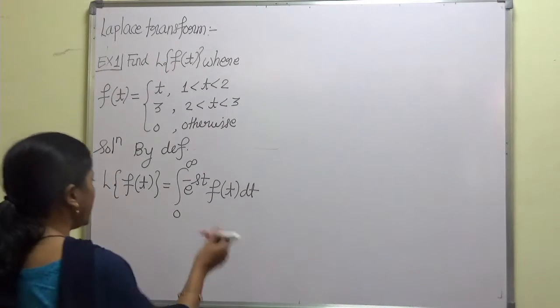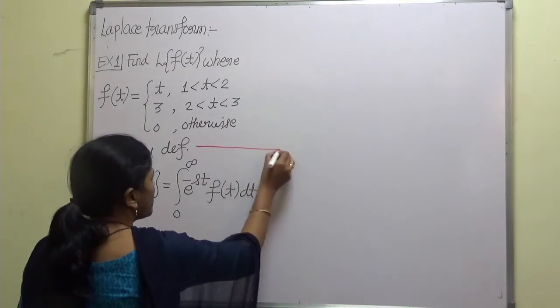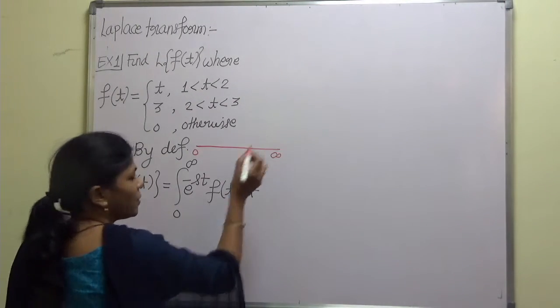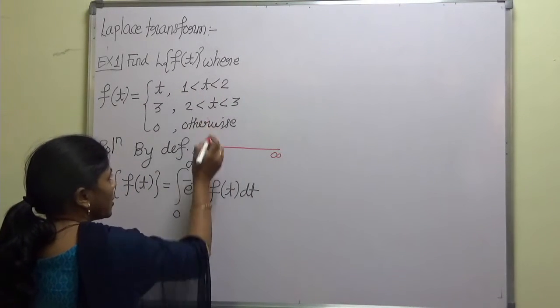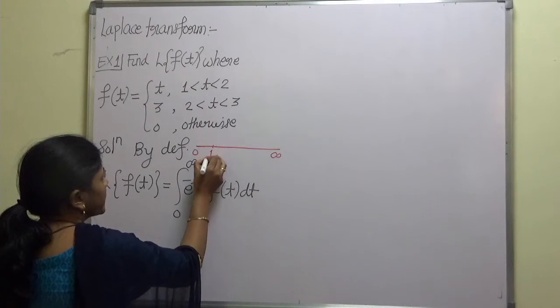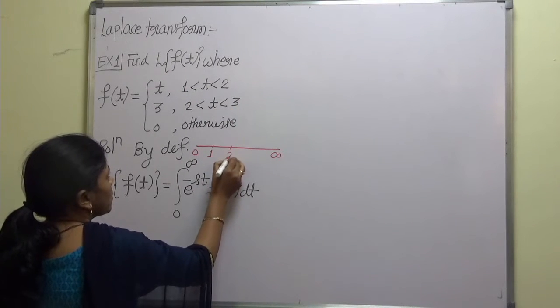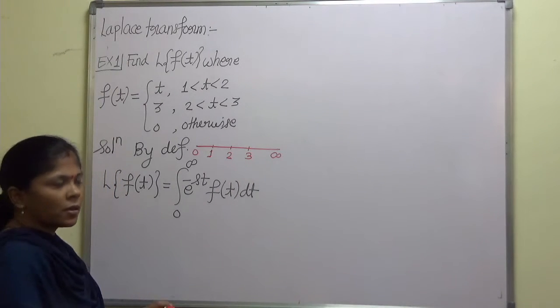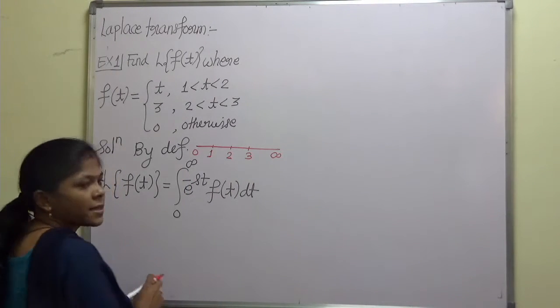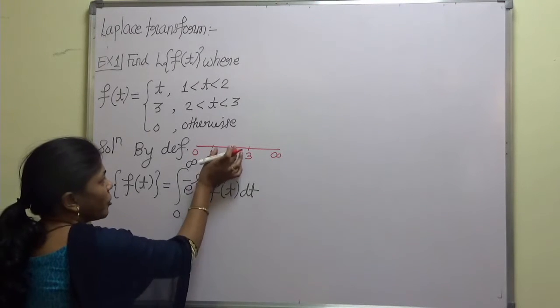Now just find out the points given for t: 1, the next is 2, the next one is 3. No other points. Therefore this complete integral is divided into these 4 parts.